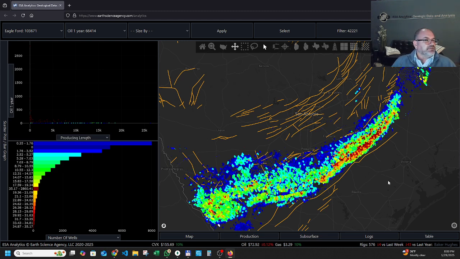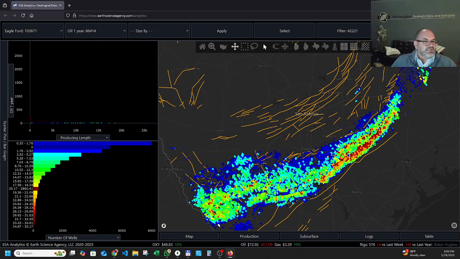So this is how I like to do it. Oil 1 year, normalized by foot. And so this is what you get. You see the red is your highest oil per foot. So this is the acreage you want to be in if you can get it.